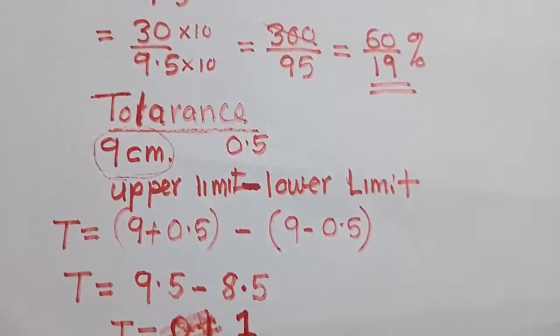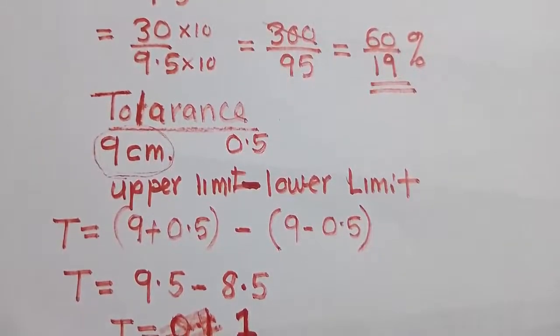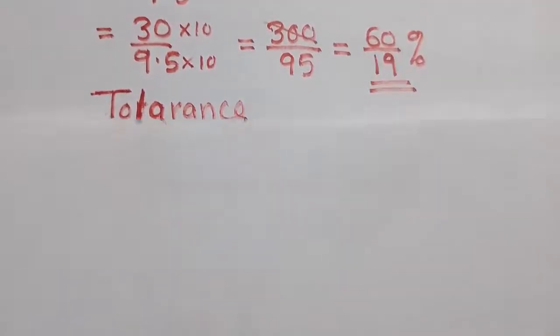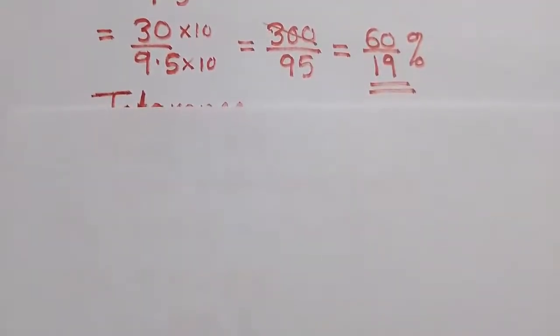Let me give you another one. Let's say you are given a question. You will be given some equation like that in so many ways. So let's say you are given like this.